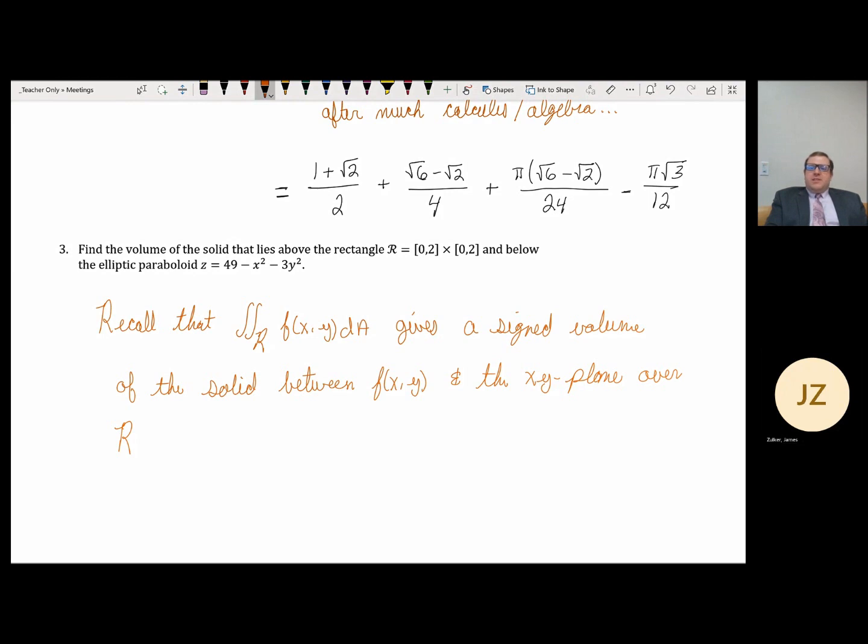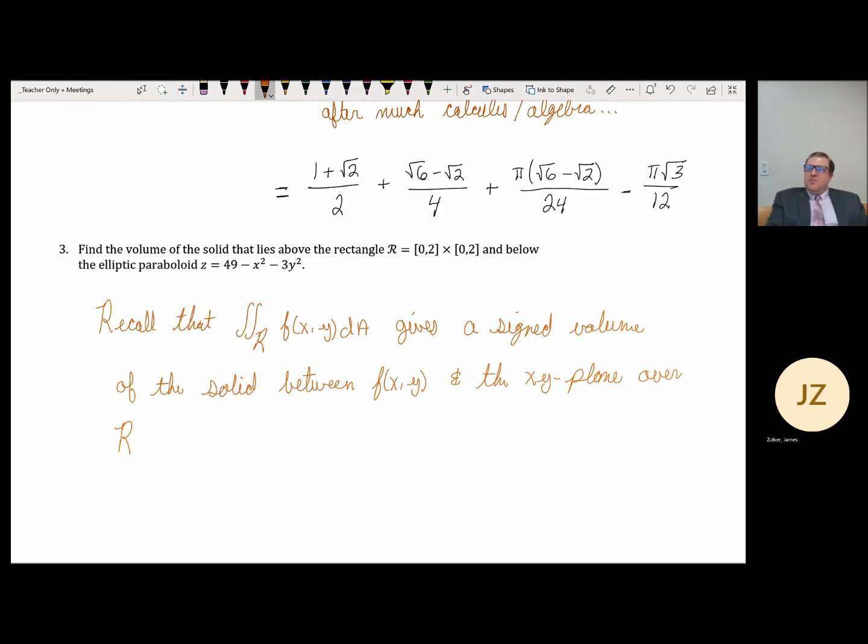But look at this. It's saying specifically it's lying above the rectangle 0, 2 cross 0, 2. Wasn't that rectangle located in the XY plane? So if it lies above that rectangle, it has to be above the XY plane. Perfect.